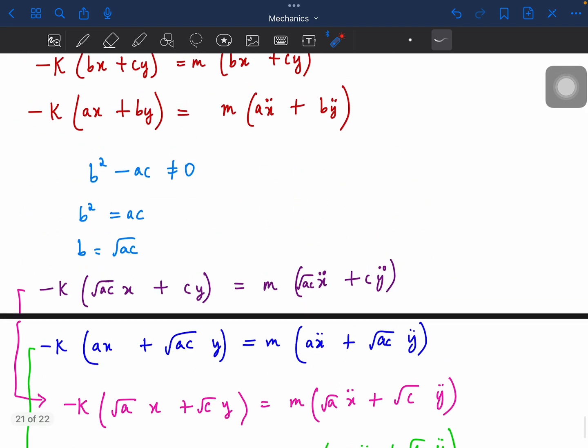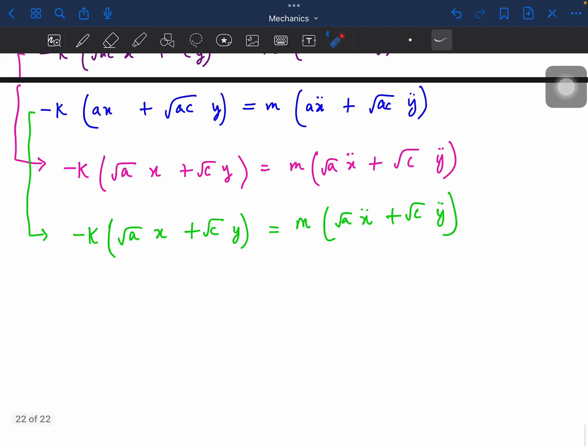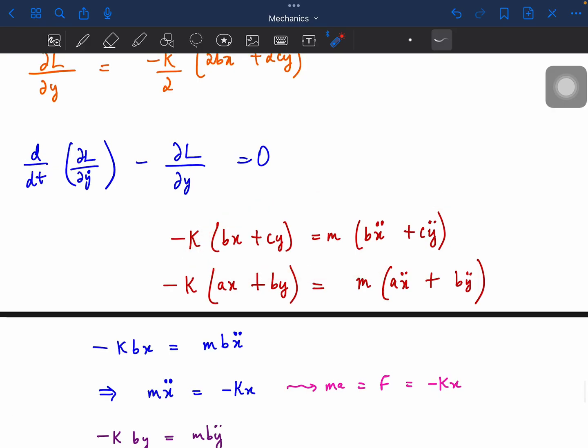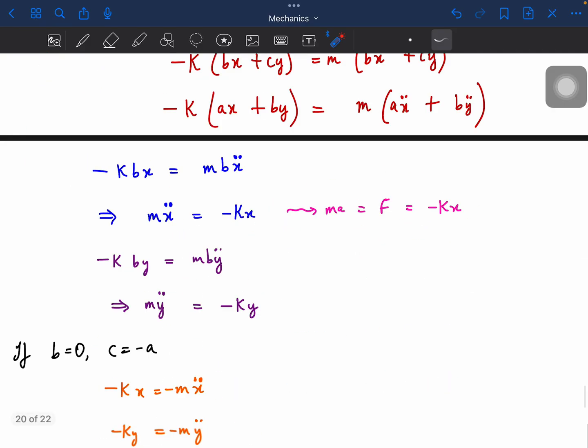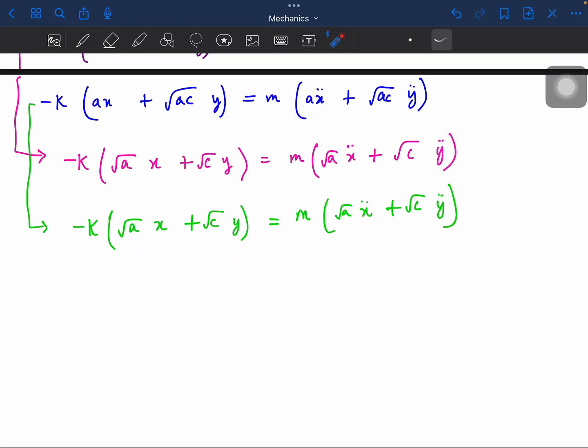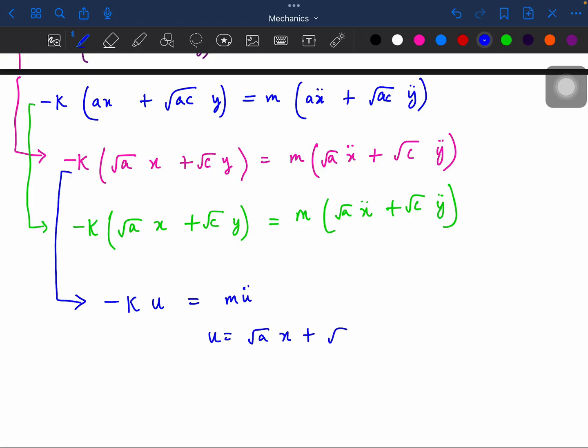So if this condition is satisfied, then the whole problem converts into a one-dimensional motion. Previously, we had a two-dimensional motion because we had two equations in different directions, so the whole Lagrangian represented a two-dimensional motion. But since here we have two exactly the same equations, this equation will represent a harmonic oscillator in some direction. If we do a coordinate transformation, we will get kU is equal to M U double dot, where U is equal to root A x plus root C y.